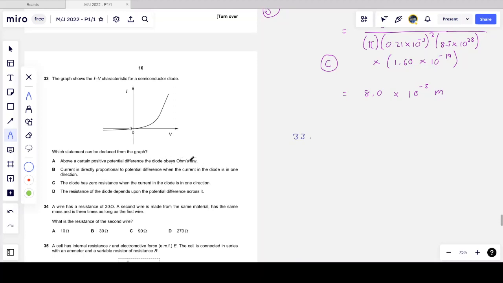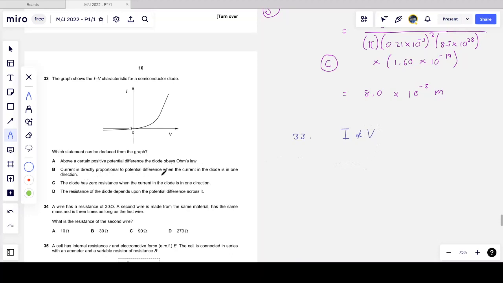Okay, and this clearly isn't the case. There doesn't seem to be a relationship between the current and the potential difference. At least it's not immediately obvious from this graph. So we can't tell that I and V are related.